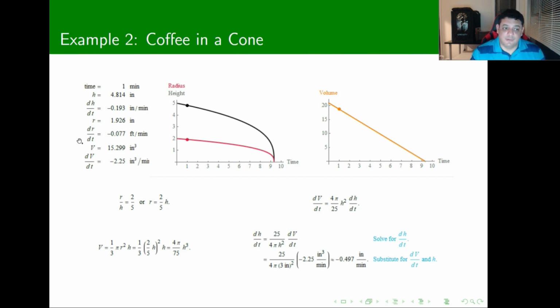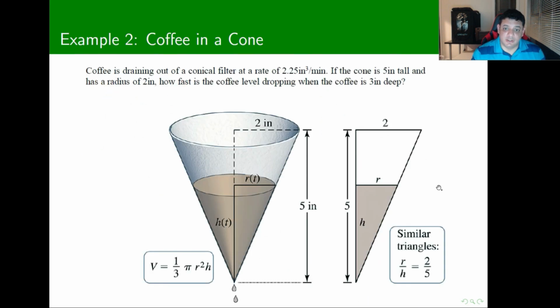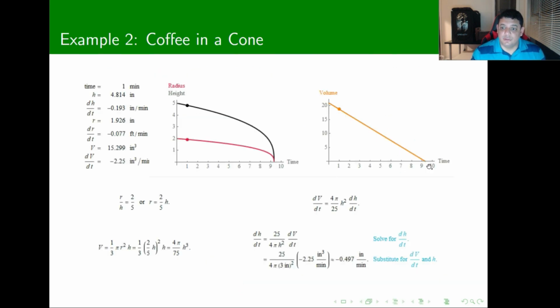That will give us the rate of change of the radius, in case we want it, and tell us how fast the radius is shrinking. On the other hand, we just obtained how the height is varying with respect to time, and finally how the volume is changing with respect to time was given in the initial assessment. So we have first the full volume, and then this slowly goes until it reaches 0.